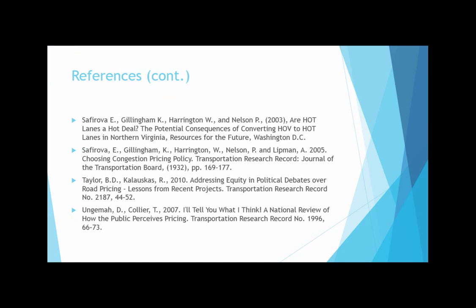So a lot of the projects do use HOV lanes that are underutilized, because that's a very good situation for a HOT lane to be successful. However, there are projects, I believe the 495 Expressway in Virginia was a completely new one, they just built it as a HOT lane facility. So that is possible, but it's more common due to cost constraints and other things to convert HOV lanes to HOT lanes.